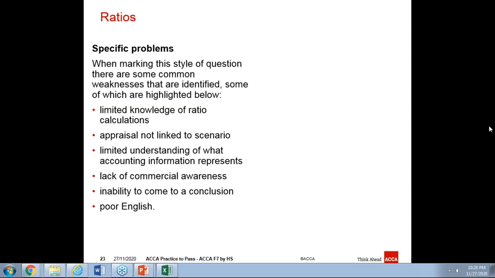If you link with the scenario, then definitely you'll get very good marks. But the first thing you should remember is that you don't have to panic in the examination. I usually hear from the students that they are confused about the ratios, how to write the answer, what to do with the ratios, and now we will do that right now.